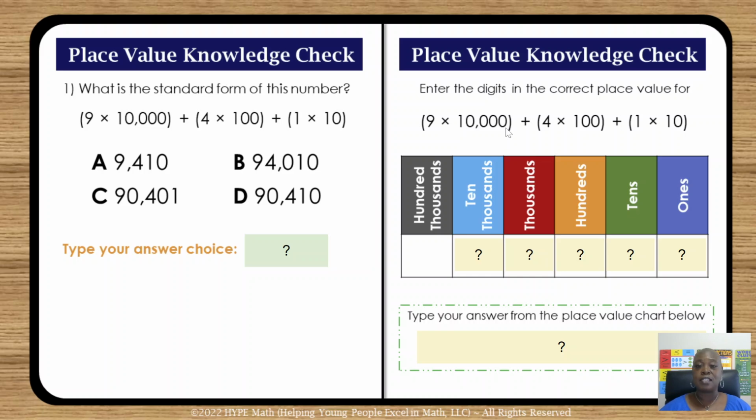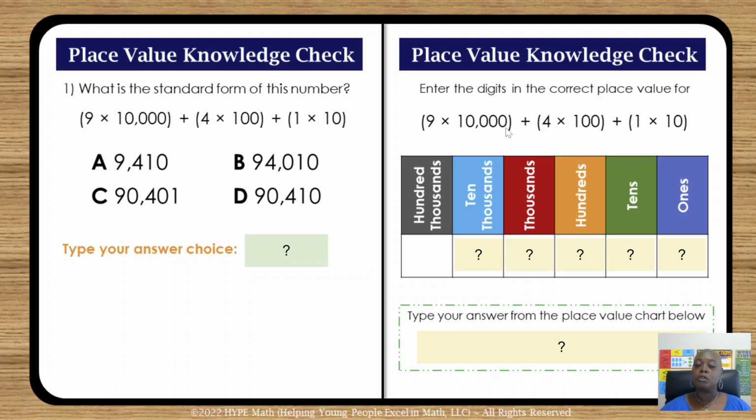And if you live in Texas, these are examples of STAAR release questions that are on their test. So for the third grade, these are what questions would look like, and it gives them that good practice that they need. You see on the left hand side is the question, and then on the right hand side, students are able to work through that problem in order to come up with the right answer.